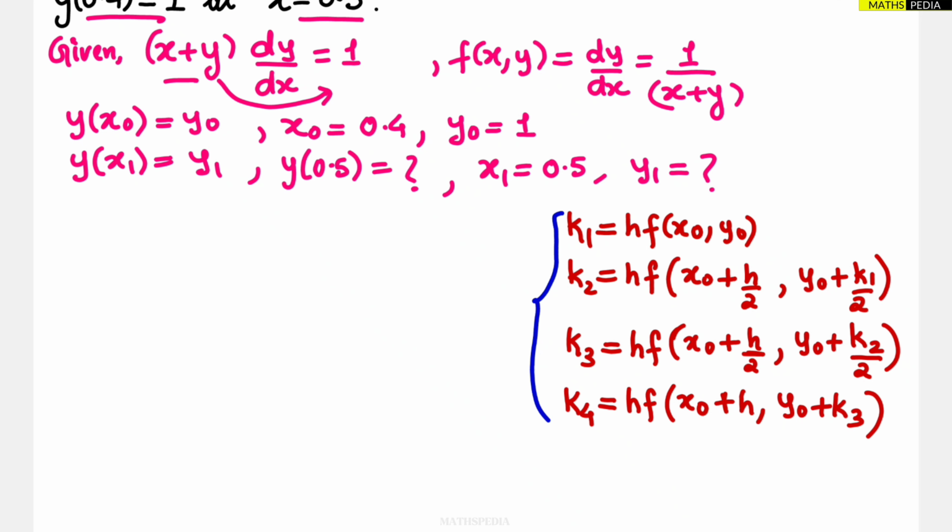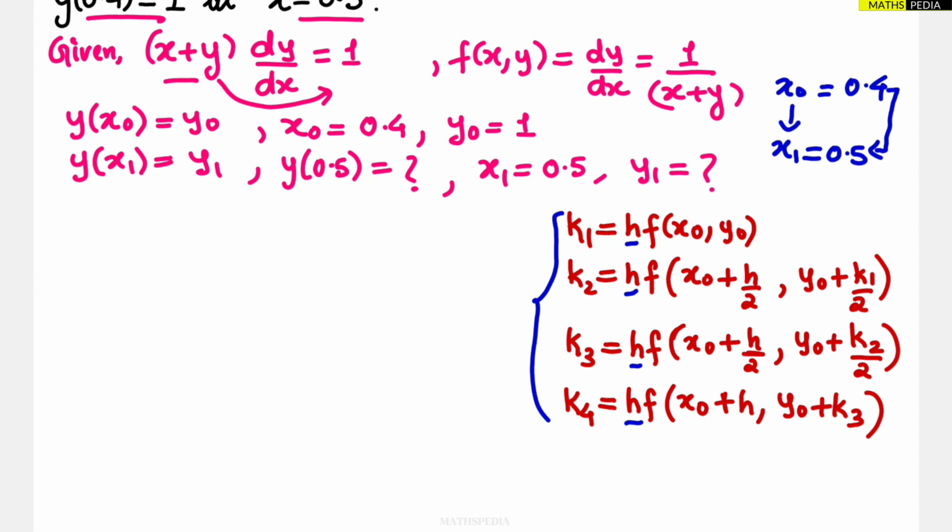Now before that, you can see h value is there in all the formulas. What is h? It is not given in this question. It is nothing but the step size. So the initial condition is x naught. Okay. Then I need to go till x1, which is 0.5. Simple. Here the x naught value, the initial condition, is given as 0.4. So when I have to go from x0 to x1, I am taking some sort of step.